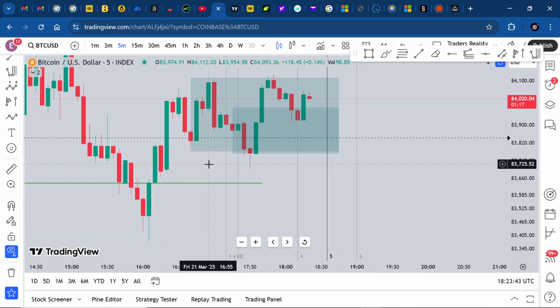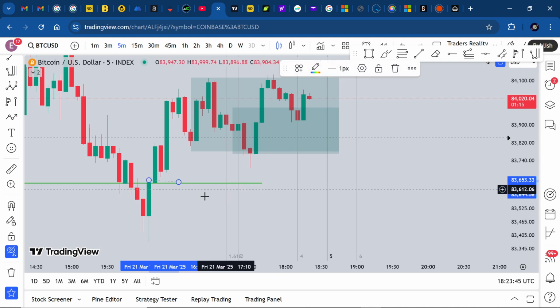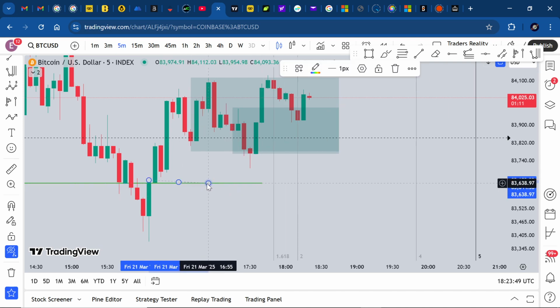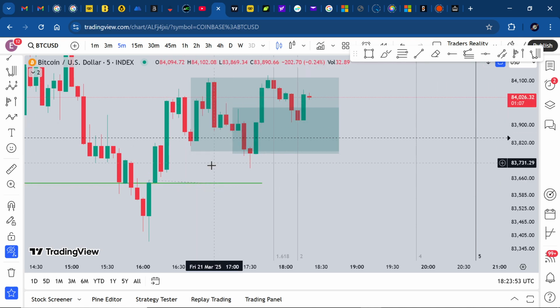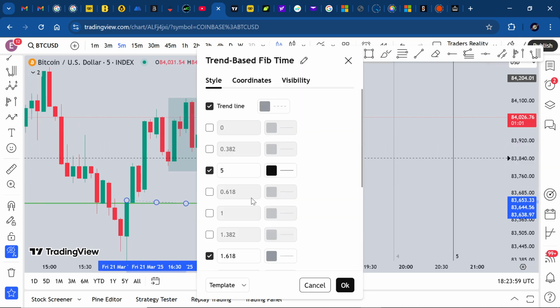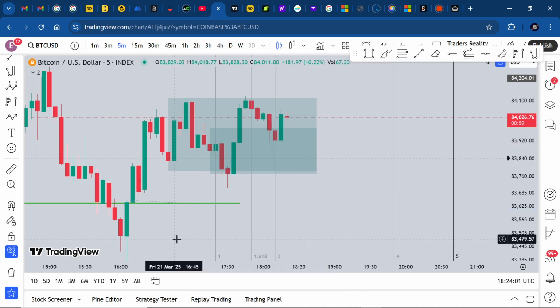If I had drawn time from there to there, this is how I had a clue as well that potentially that was the high, is that this over here ended just after the 1-to-1 of 1.